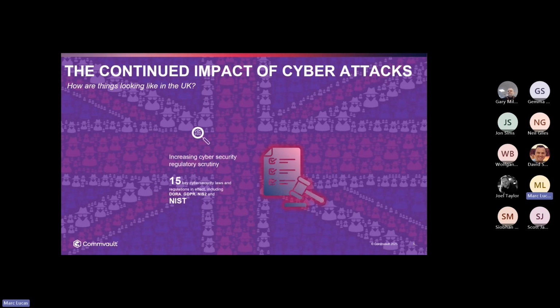And then again, I'm sure you're all aware of this, there's a relentless number of cyber security regulations and data focused regulations that are pointing the finger back to your customer and saying that you need to make sure you've got the relevant steps in place.